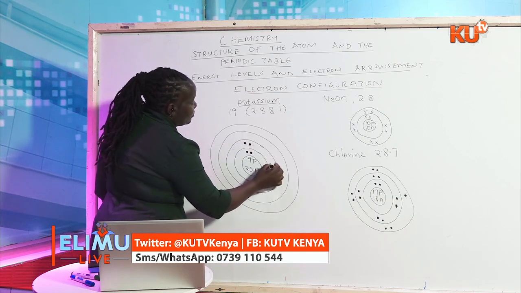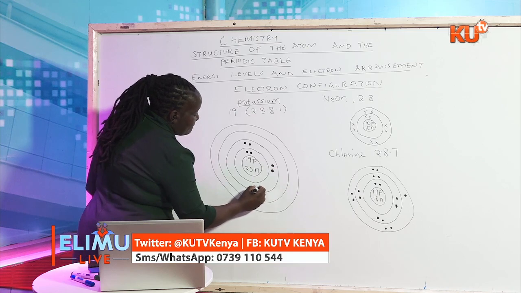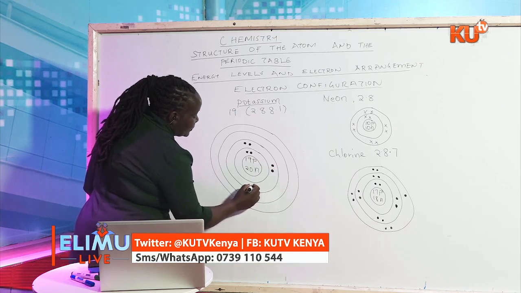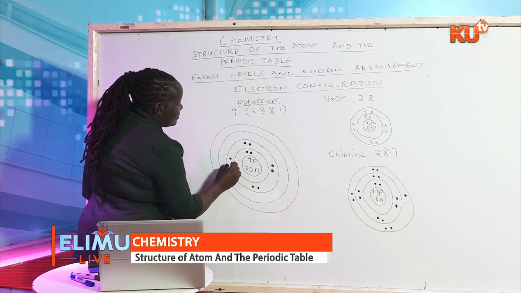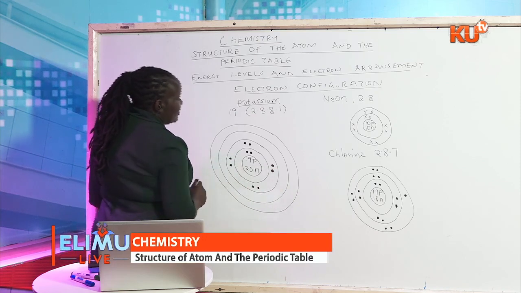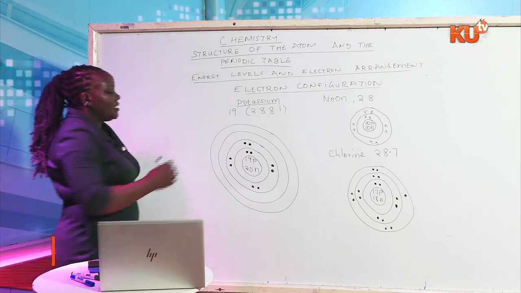1, 2, 3, 4, 5. Then we have the third one accommodating 8.